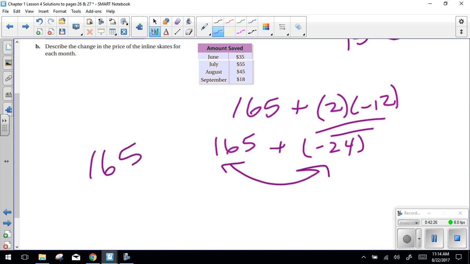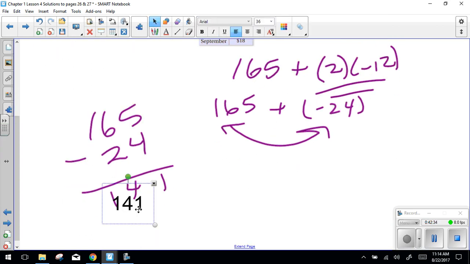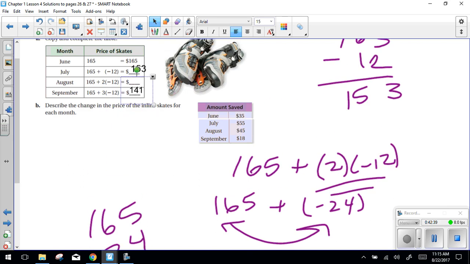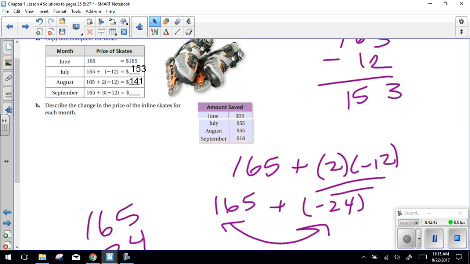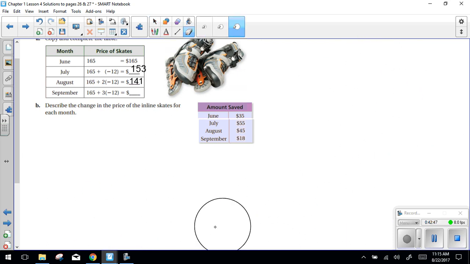So we take 165 minus 24, and we get 141.